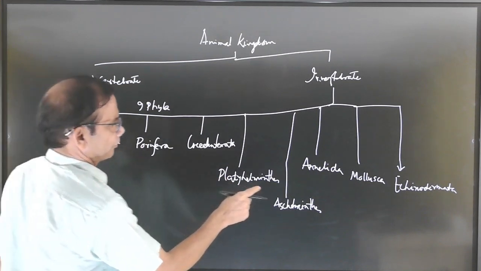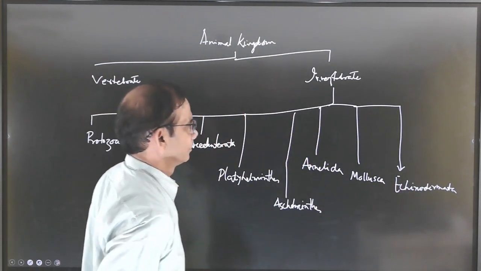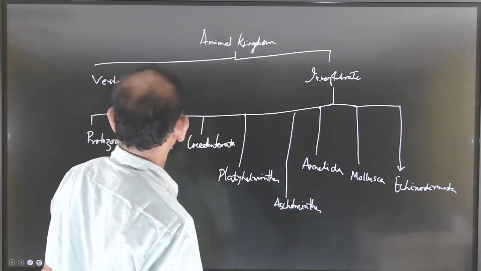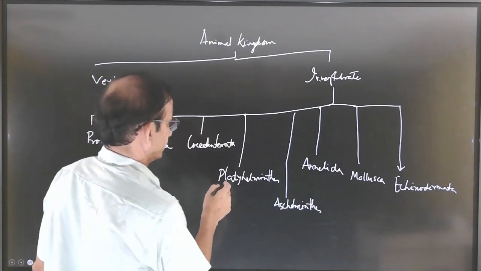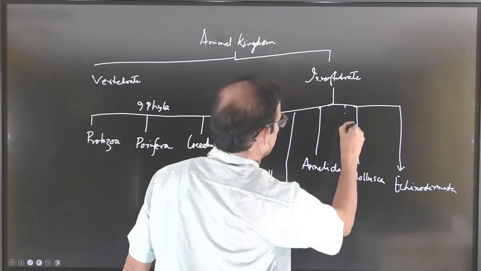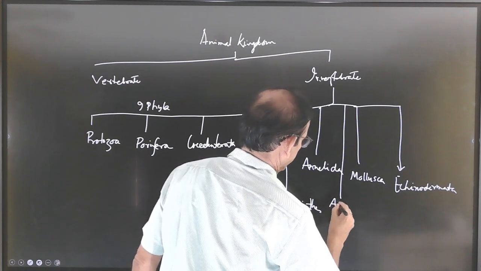One, two, three, four, five, six, 7, 8, 9: Arthropoda.